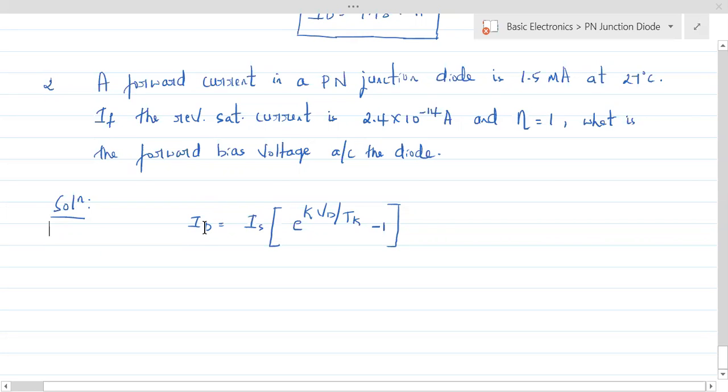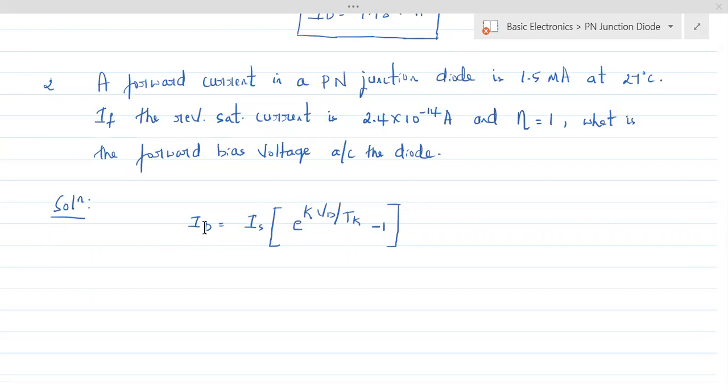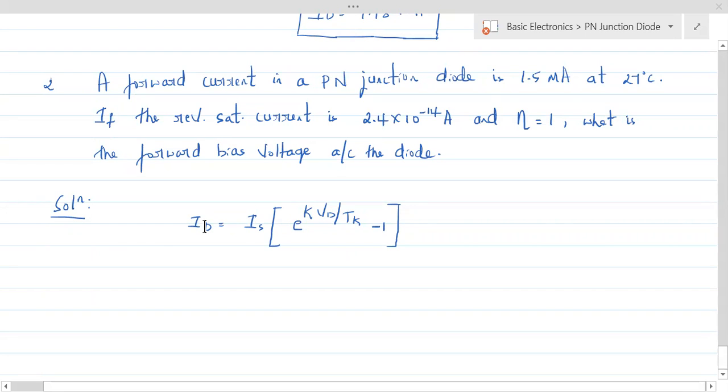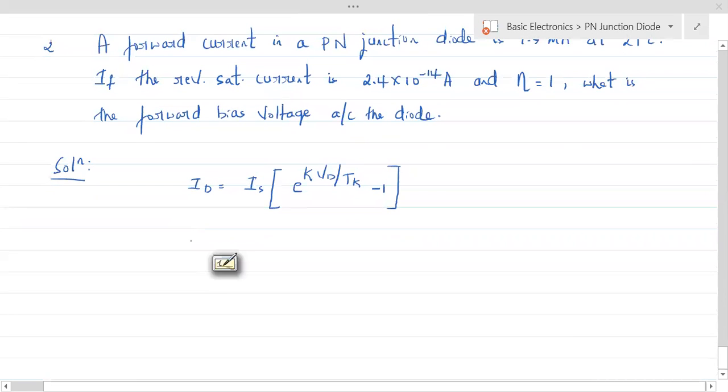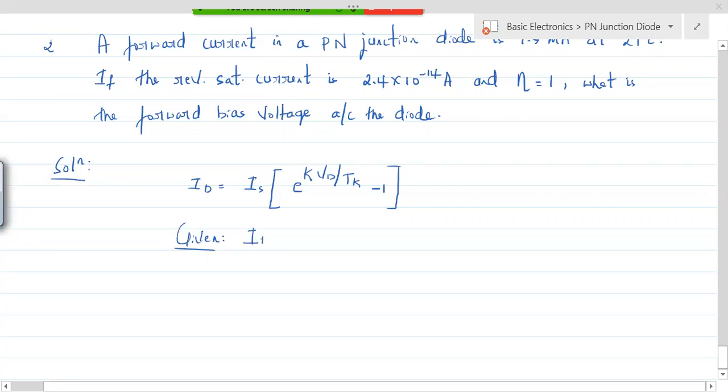So how do you manipulate this particular equation to find out VD? Can you all go on now? So we are asked to get to VD. So let's first get this point. See here, ID is given. Let's identify the parameters given, because ID we call the diode current, but that itself is the forward current when VD is positive.